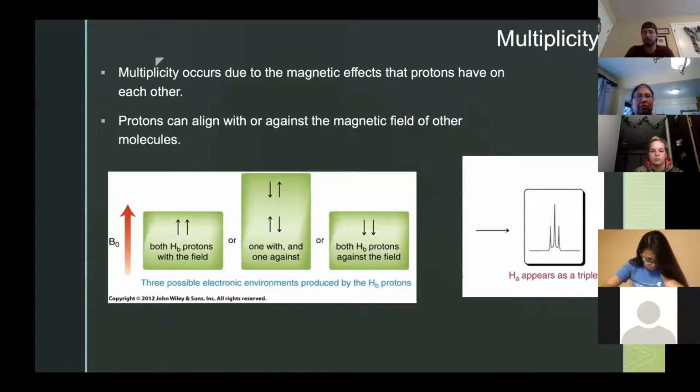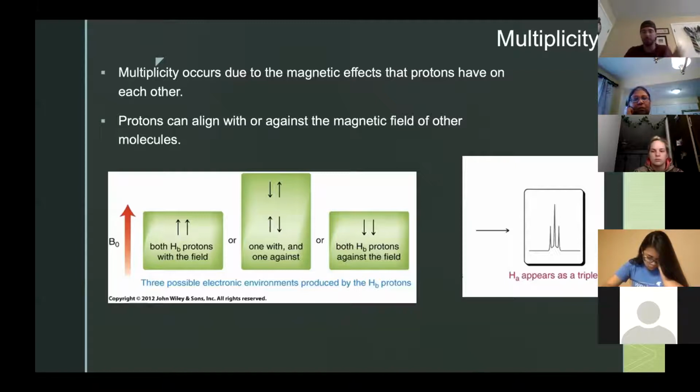The proton can align with the field, it can align against the field, or it can align one with and one against. The reason why the one with and one against is bigger and taller is because it can align with one and against the other, and then it can flip.